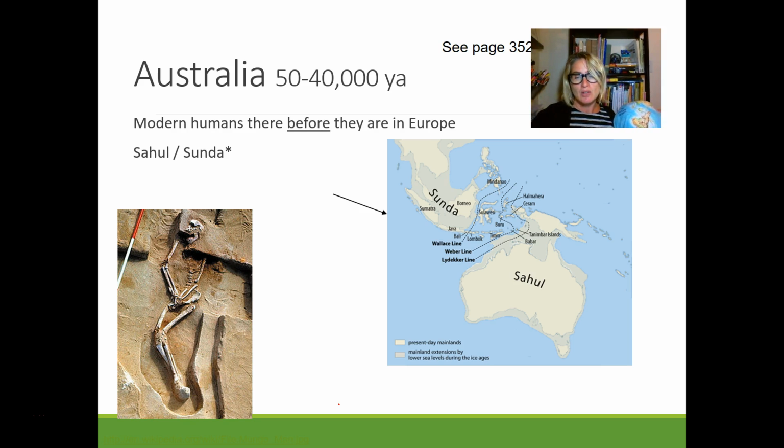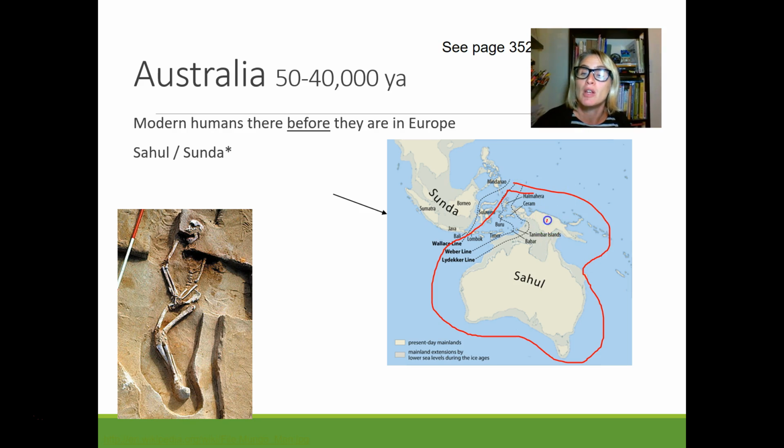Now, Sahul is the name for Australia here, this land mass, I should call it, that encompasses Australia and these surrounding areas like Papua New Guinea up here. And Sunda would be like Indonesia.